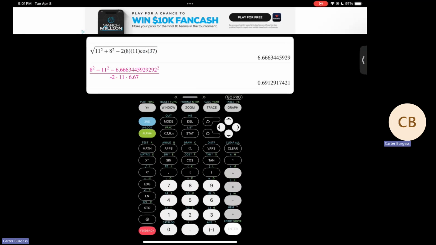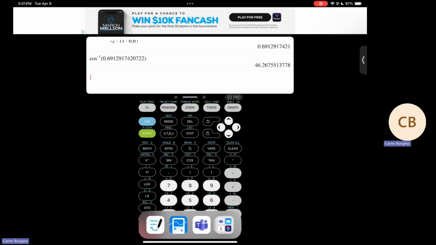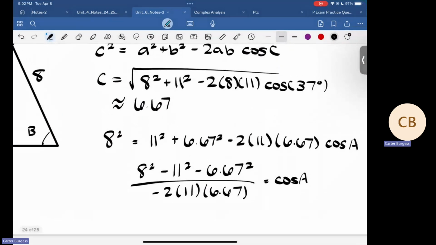And this right here, this is our cosine of A. And so taking the inverse cosine of this value to find that angle, I get that this is about a 46.27 degree angle.